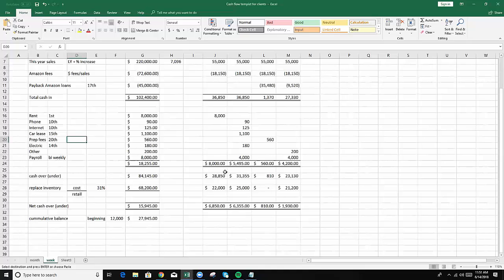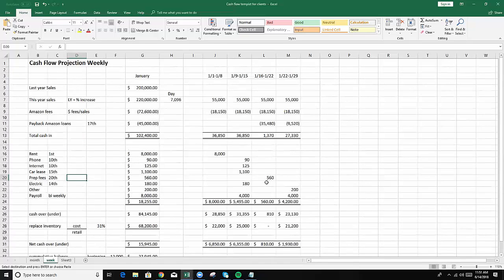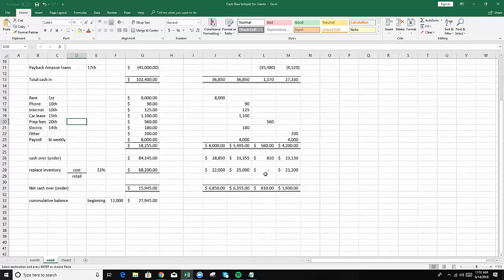So now you get what your expenses are by week and how much each week is over and under, right? This 4th week here, or 3rd week, you can't buy any inventory because you're only going to get $800 more than you're going to spend. Right, so these are the weeks where the inventory is going to be.